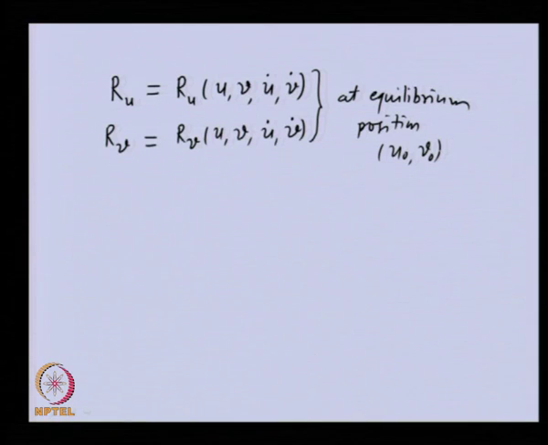If we give some kind of perturbation or disturbance from its equilibrium, let us say we give a perturbation du, dv to each of these, and its velocity components to each of these variables.